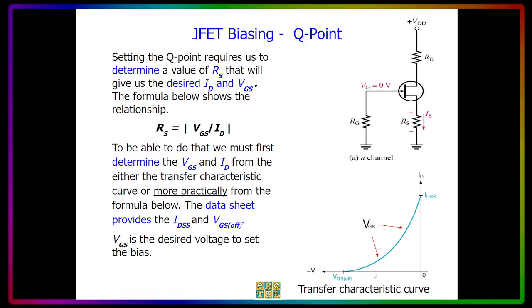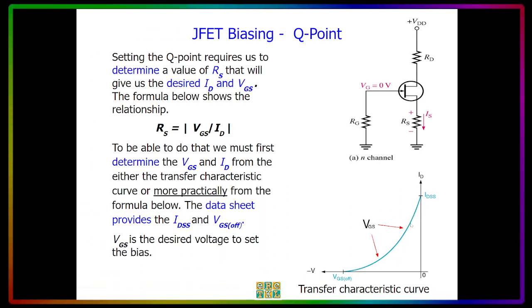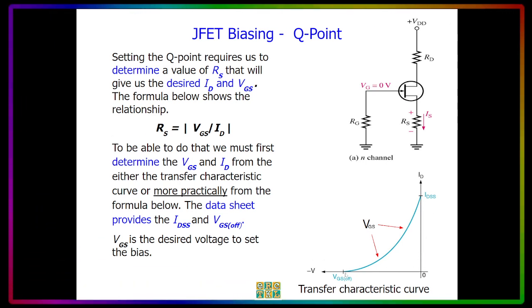So again, this is called the transfer characteristic curve. Any point along this curve is what we call the VGS, from 0 to a certain VGS on the x-axis. And upon reaching the ID equal to 0, that's called VGS off.